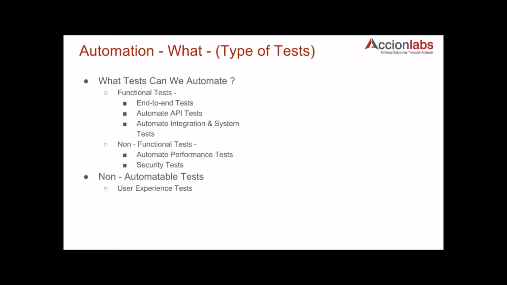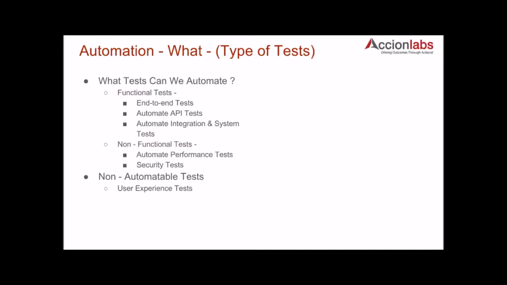And then we have the non-automatable category of test cases, which is the user experience test cases. Let me pause and quickly explain what a user experience test case is. We have developed a web application, a very simple one, and we take categories of users and ask them to use that application.